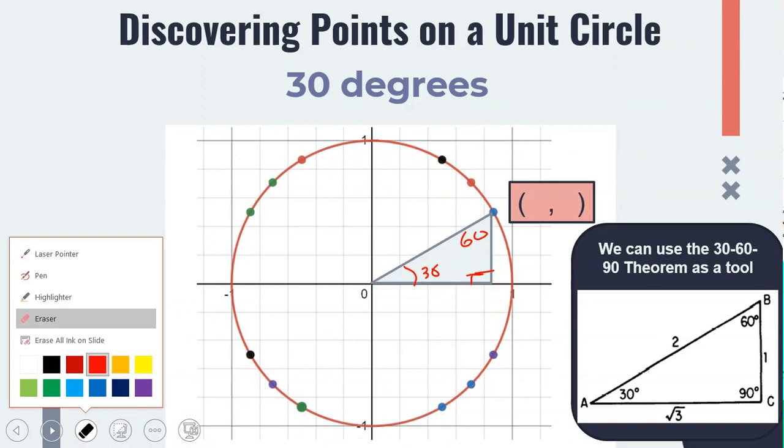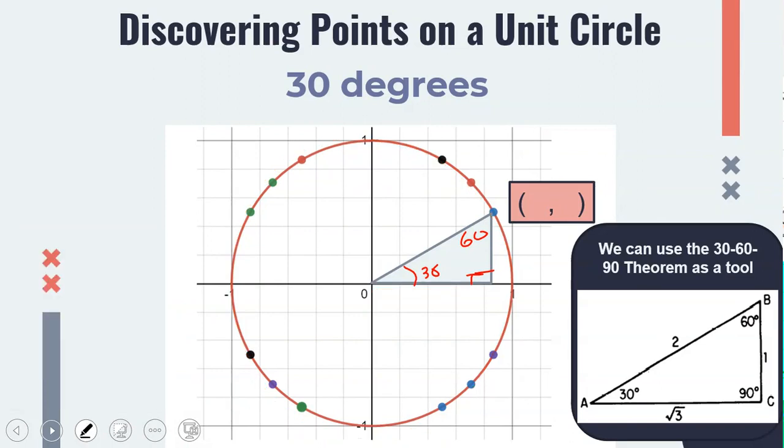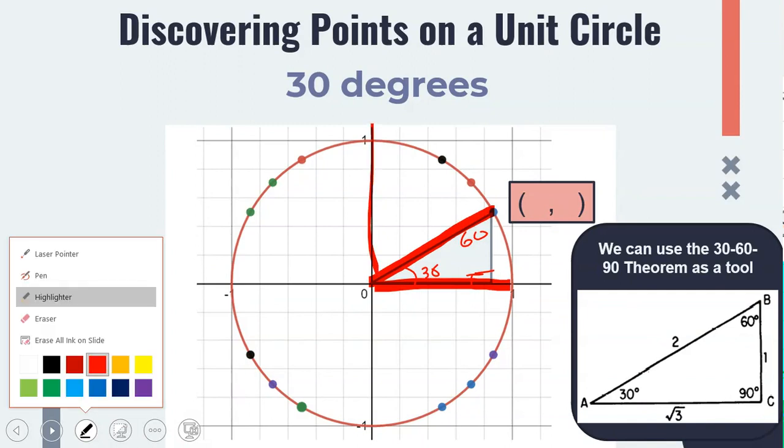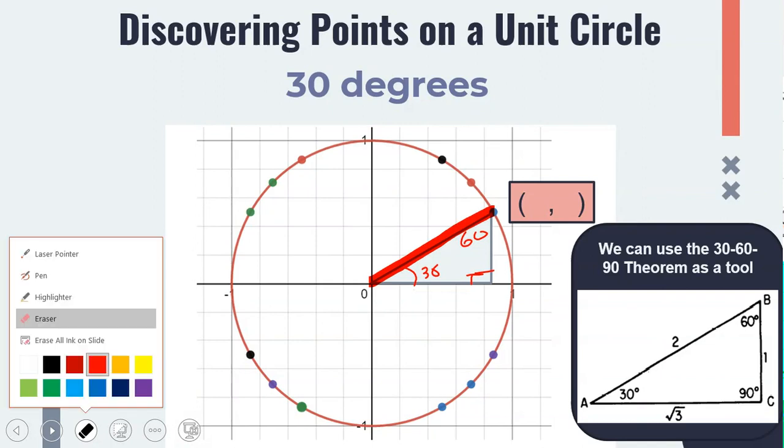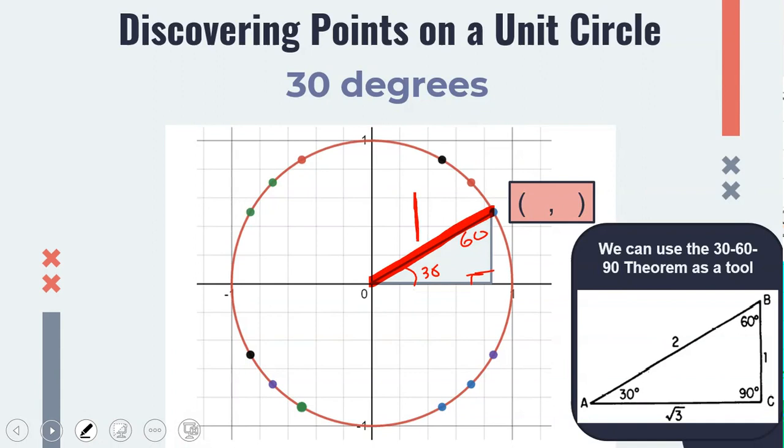So if we're really looking at this pretty closely, this right here is a radius, just as much as this is a radius, just as much as this. So that means that our radius is 1, since we have the unit circle.